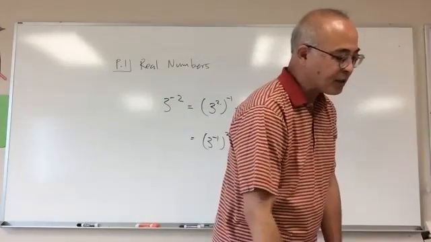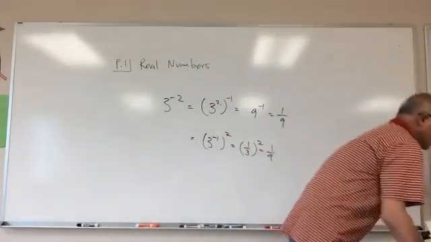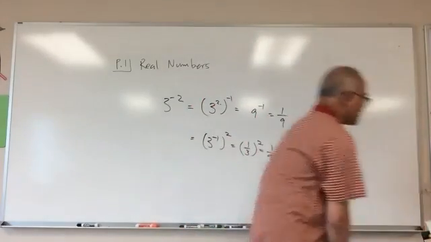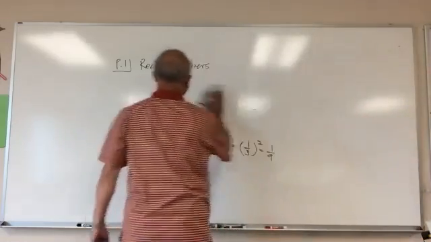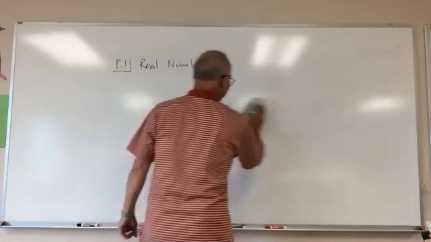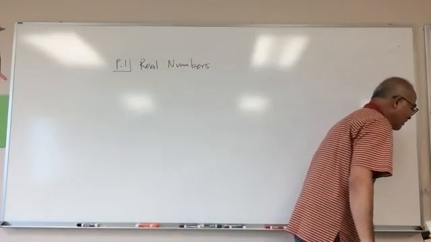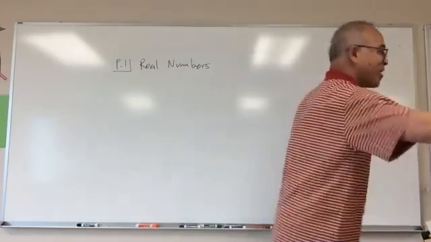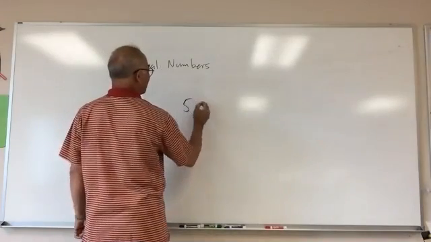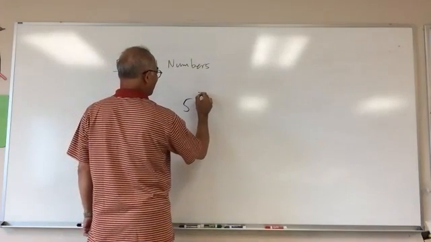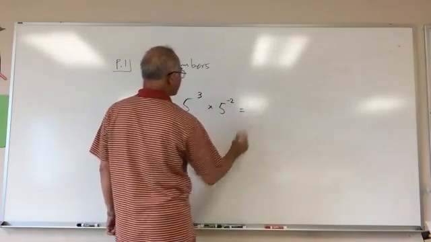Let's see, what else is there? See who I can pick on. All right, Sam, are you awake there? Slightly awake. All right, see if I can fully awake you. What is this?